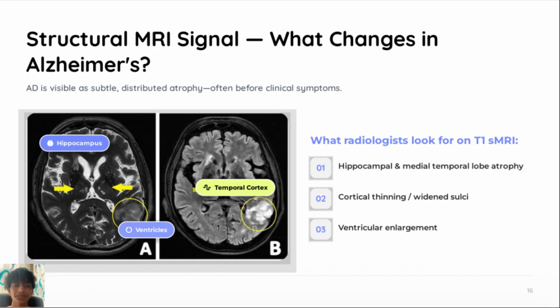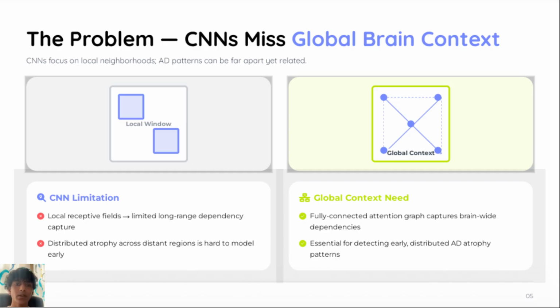Most previous deep learning models for MRI classification used convolutional neural networks, or CNNs. CNNs are very good at detecting local patterns. For example, they can identify edges, textures, and shapes in small image neighborhoods. This is useful, but it can also be limited. The issue is that Alzheimer's-related atrophy can be spread across distant regions of the brain.